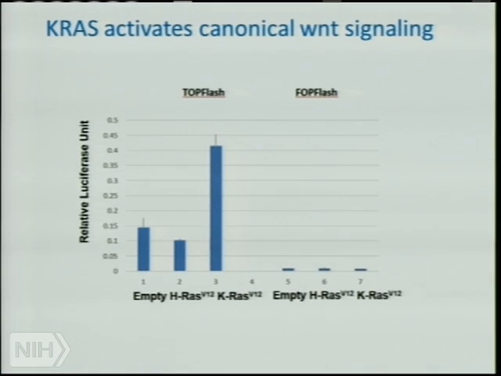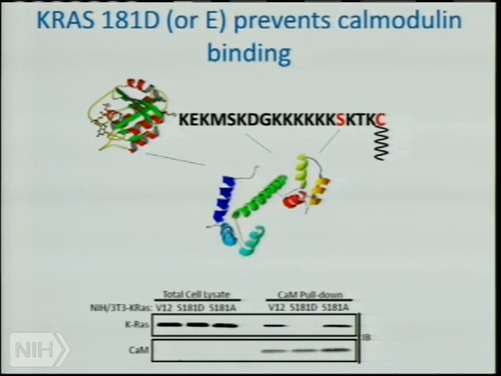So the point of all this is that if we can prevent calmodulin binding to KRAS, then we can reverse the stemness features of human tumor cells. This interaction is regulated by phosphorylation on serine 181, which is a protein kinase C site. So as Peter Blumberg, NCI, has shown, there are a number of ways of activating phosphorylation of this serine to prevent calmodulin binding.